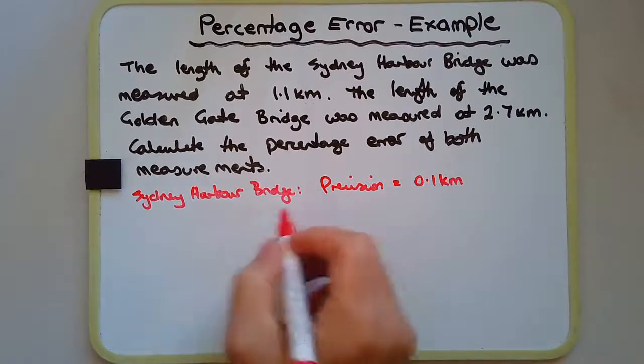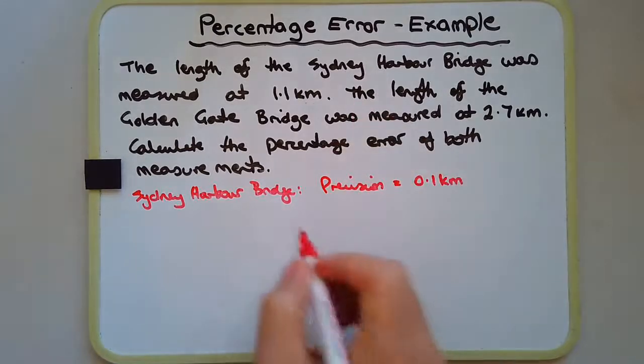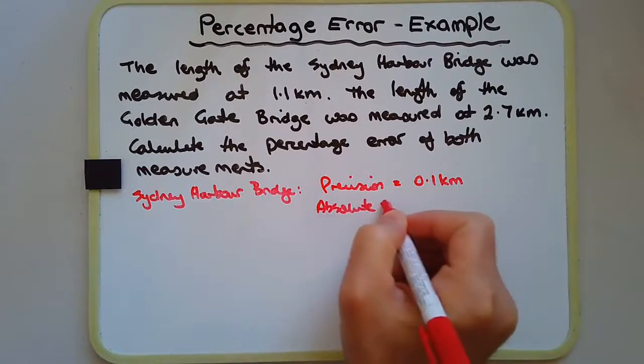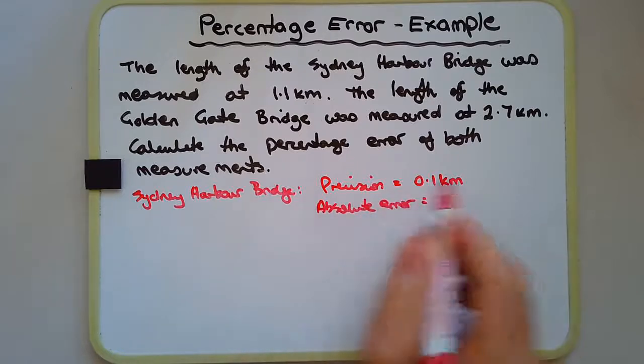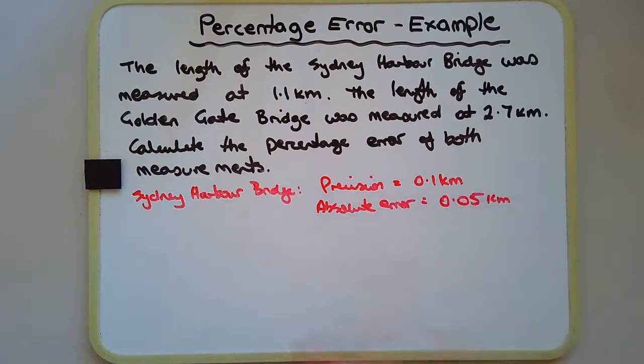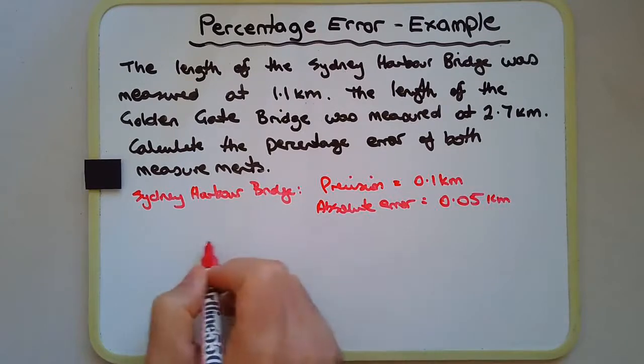Absolute error. In fact, the absolute error will be the same for both as well. So absolute error is equal to half of the precision. So that's going to be 0.05 kilometers. Now we can work out the percentage error.